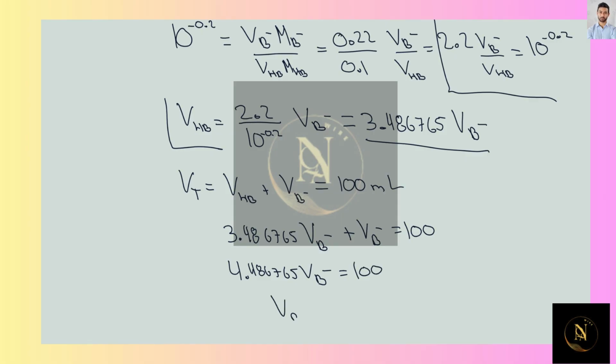Thus, the volume of B minus is going to be equal to 22.2877 milliliters, which is close to 22.29 milliliters.